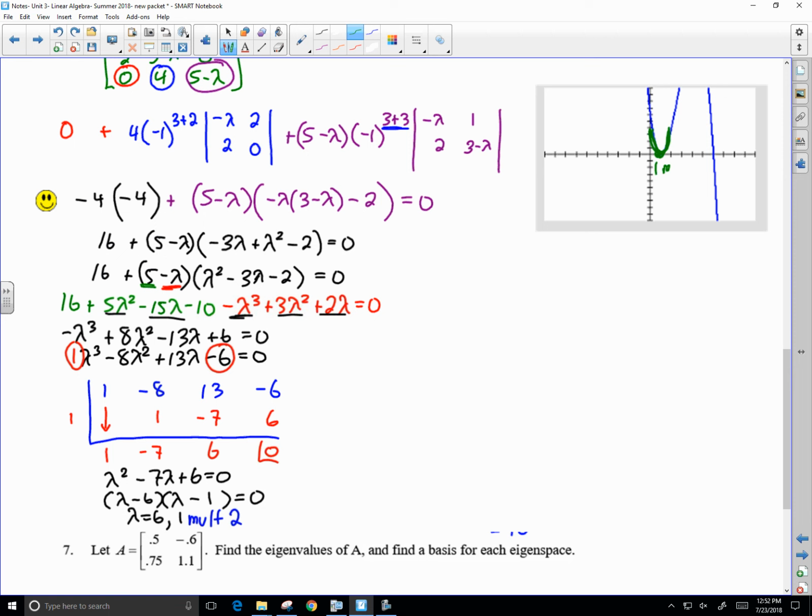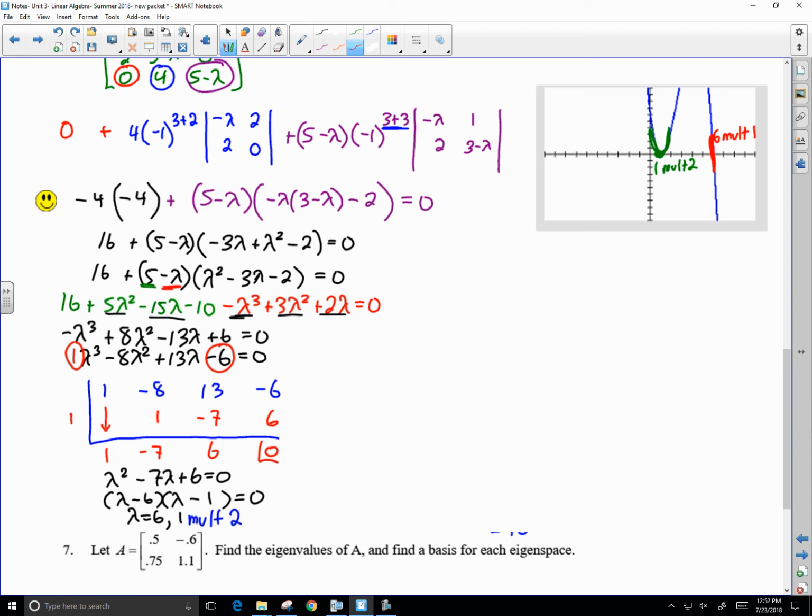That's 1 multiplicity 2. This looks like a linear function. Linear functions have a multiplicity of 1, so that's, I guess I should count 1, 2, 3, 4, 6 multiplicity of 1.